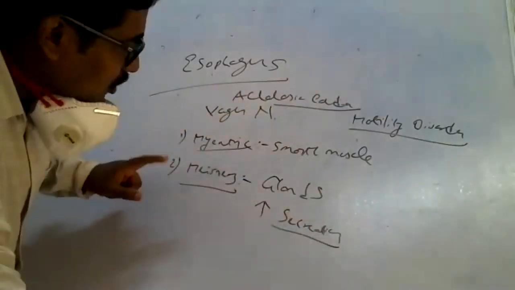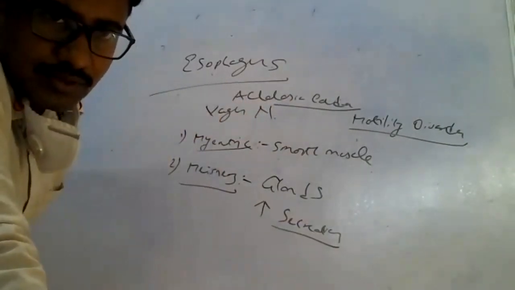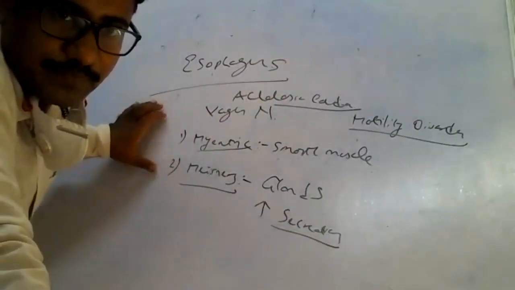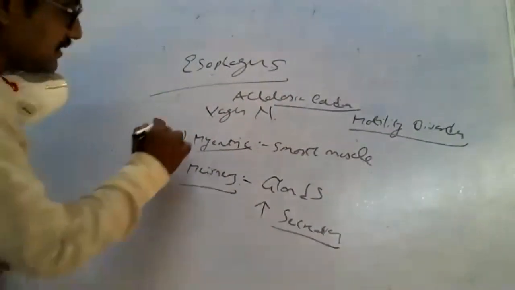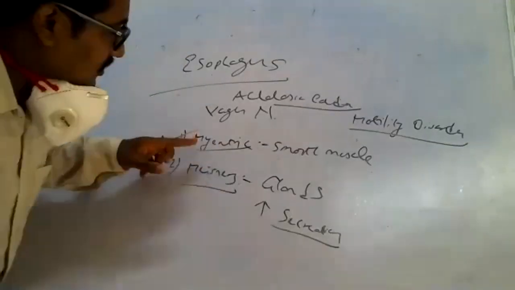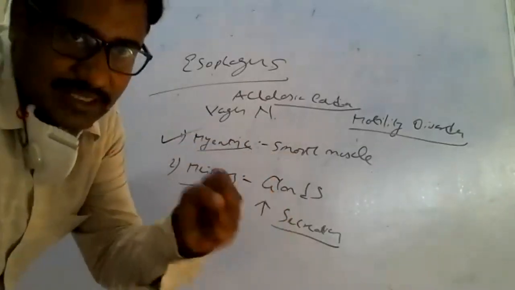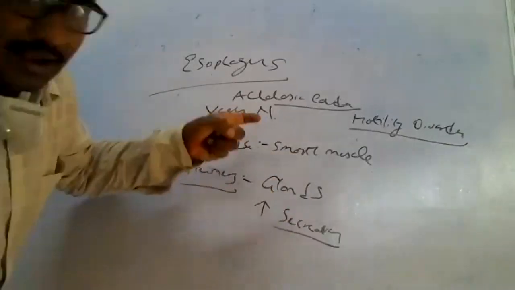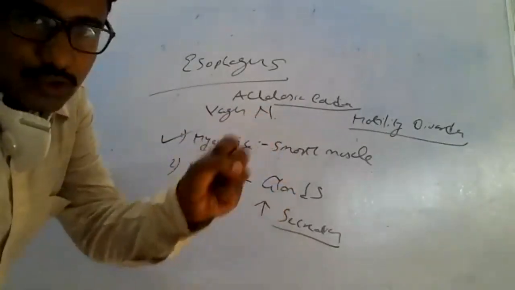Is it in myenteric plexus or Meissner's plexus? Excellent. It is myenteric plexus, because the myenteric plexus will supply the smooth muscle, which is helpful for the contraction of the esophageal muscles. So it is defect in the myenteric plexus. So we are having defect in the contractions of the smooth muscles.